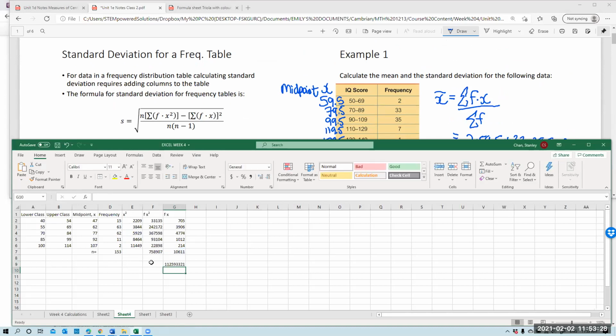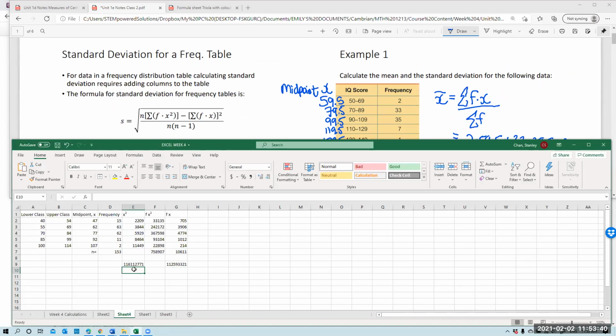And then I'm going to take n, and I'm going to multiply it by f dot x squared. Then I'm going to take this value and subtract it from the first. I'll get that value. And then this value is going to be divided by 153 times 152.